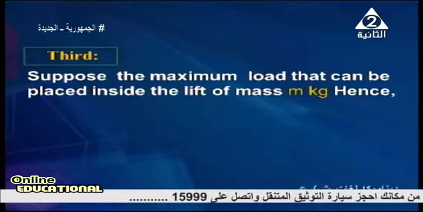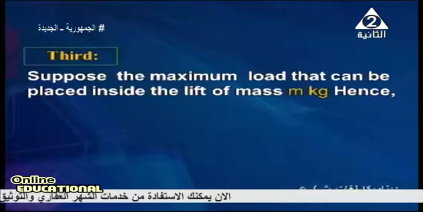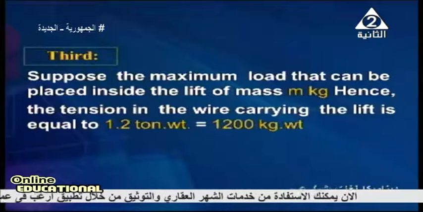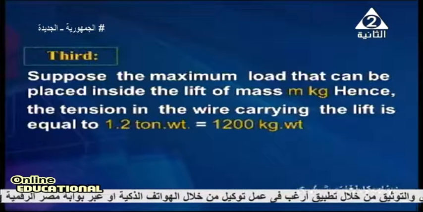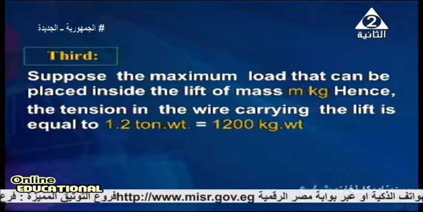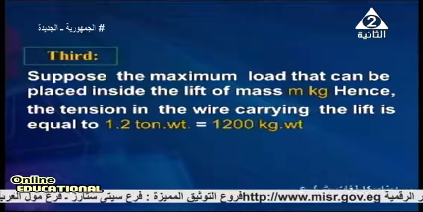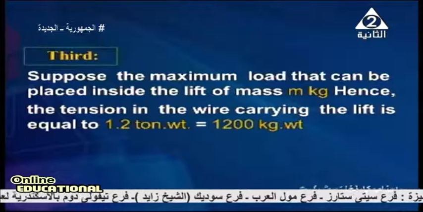Now, the third required. Suppose the maximum load that can be placed inside the lift is m dash kilogram. Hence, the tension in the wire carrying the lift is equal to 1.2 tons weight, or 1.2 times 1000 equals 1200 kilogram weight. Now, what is the equation of motion?